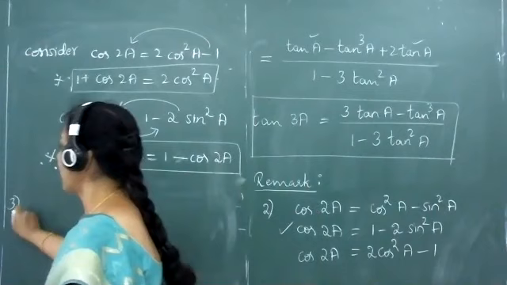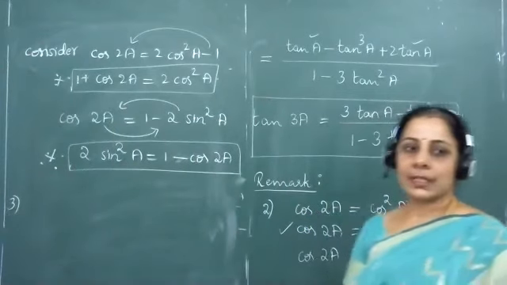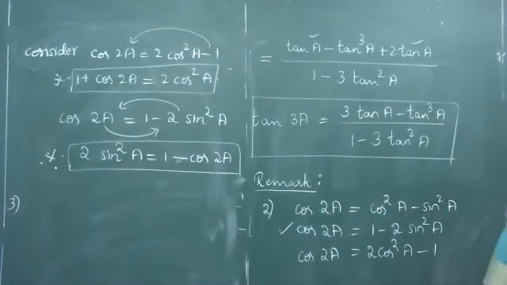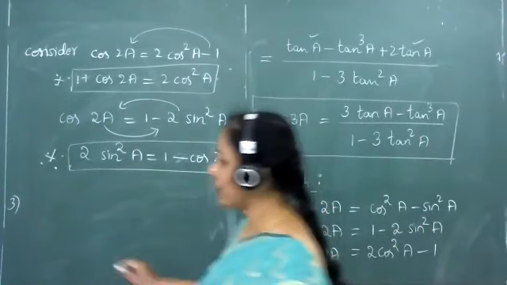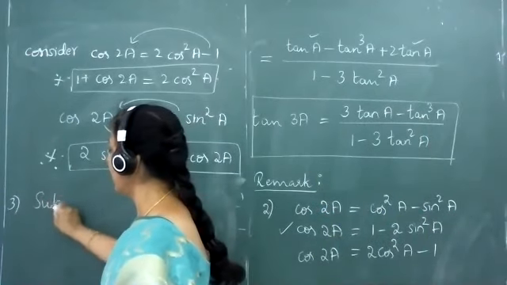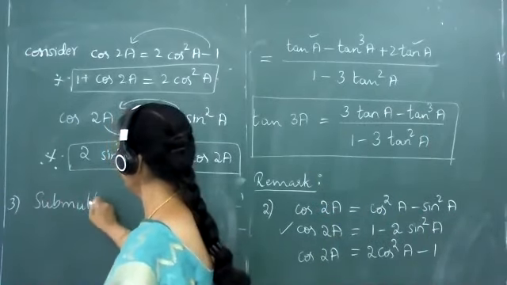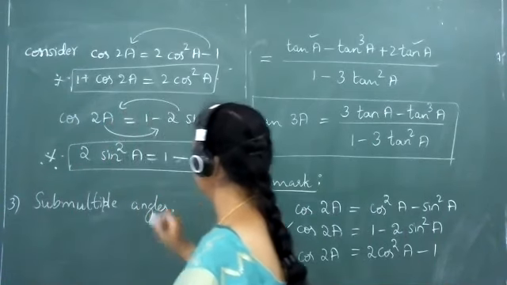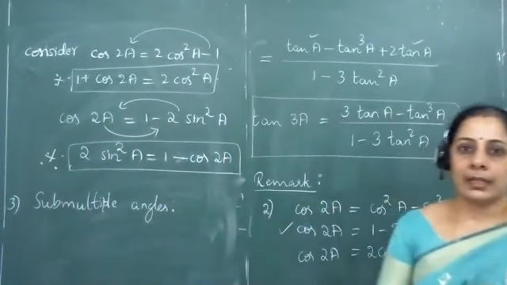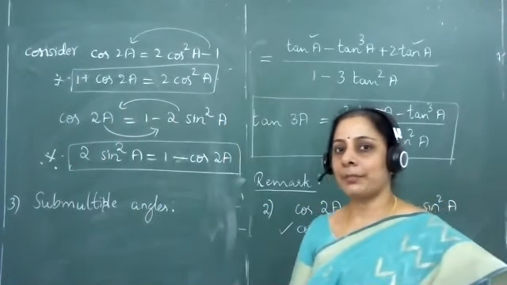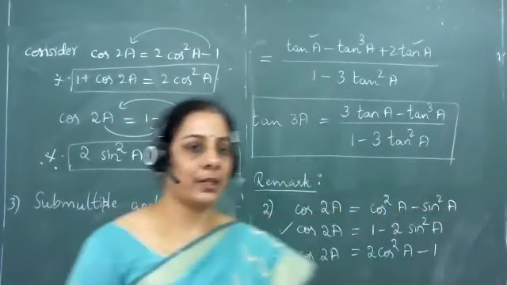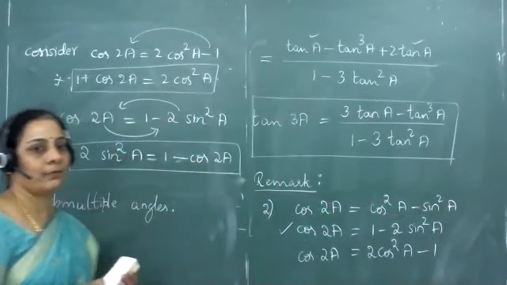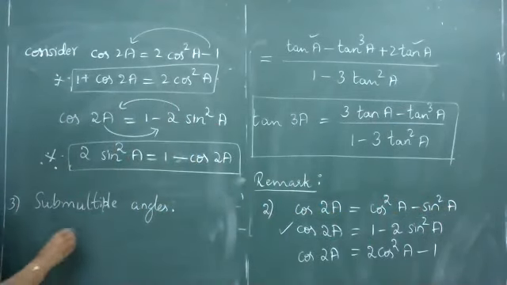Now the third remark. What is the third important remark that one could be giving here? It will be related to submultiple angles. In the beginning of this chapter, second chapter in trigonometry, we already had defined what a submultiple angle means to us.